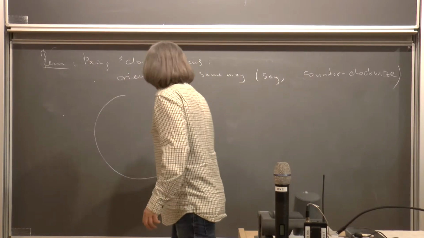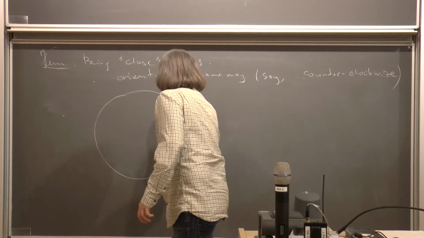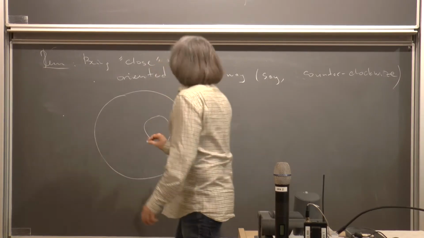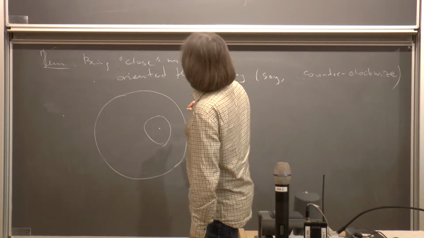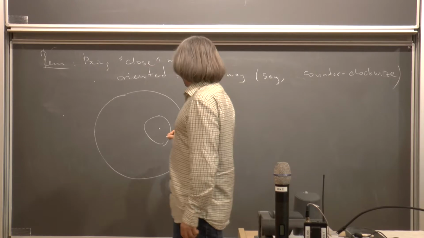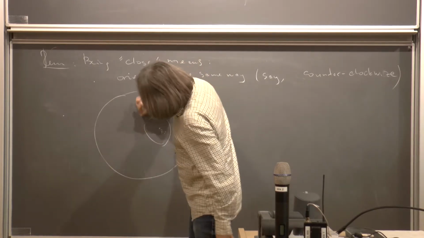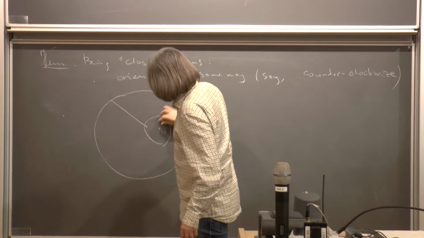So imagine two closed curves, and the condition is that inside G without Z0, you can make cuts like this.